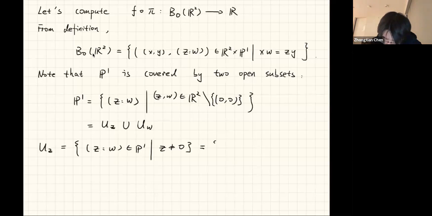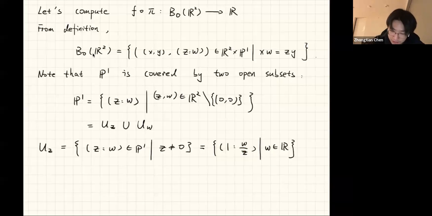Because we know two coordinates represent the same point if and only if they differ by a multiple of the other, and because Z is non-zero, now we can divide by Z. This is the same as this. And there is no constraint on W, so W will just be in R. Again, the first coordinate is fixed, the second coordinate is free. We know this is the same as just R, right?